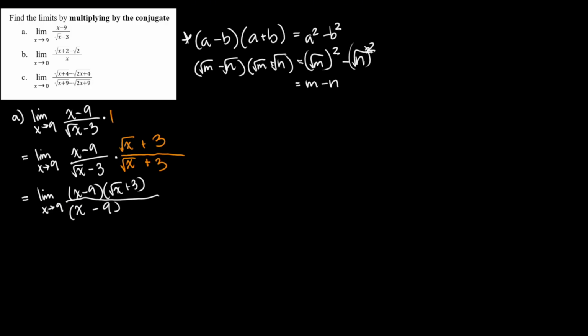Did you notice something? Yeah, we can cancel, my favorite part. We can cancel these out, and now we're just left with the limit as x goes to 9 of the square root of x plus 3. And if we plug in 9, that will be the square root of 9 plus 3, and that's just 6.